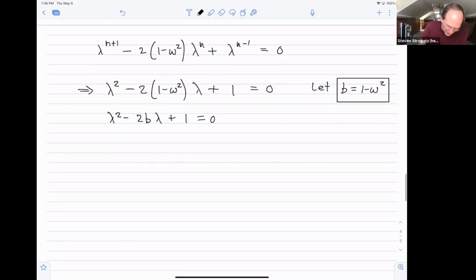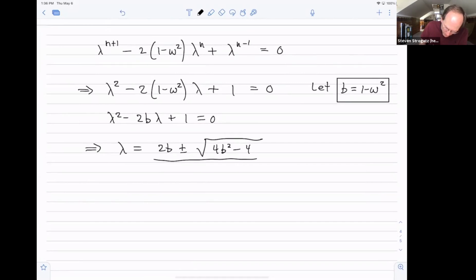Then from the quadratic equation, lambda equals 2b plus or minus the square root of 4b squared minus 4, all over 2. Now again, you see why the 2's are so convenient to have introduced earlier. They all cancel out. You get a 2 coming out of the square root because of those 4's in there. So it's b plus or minus.